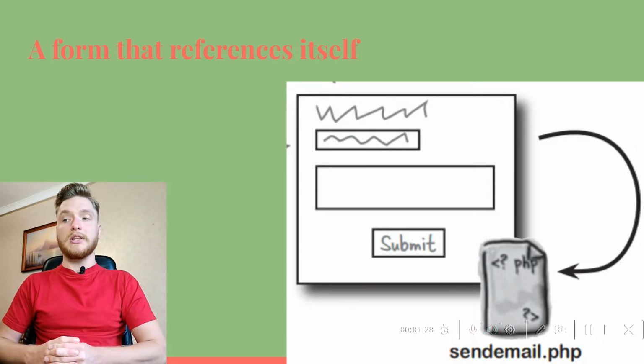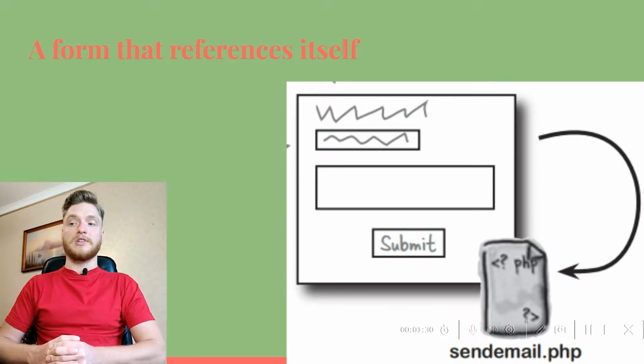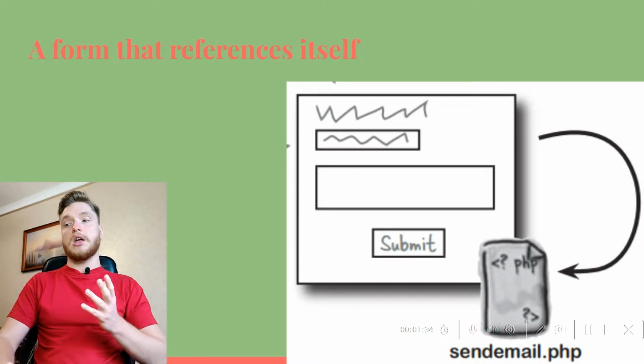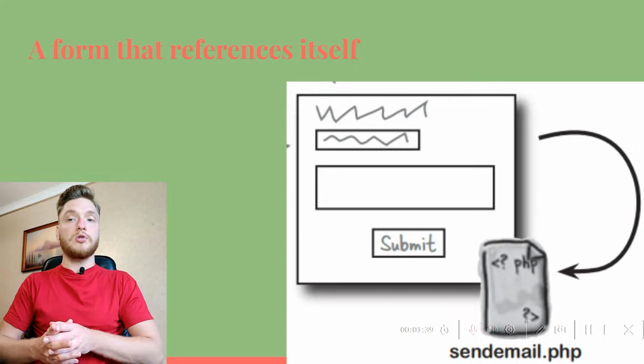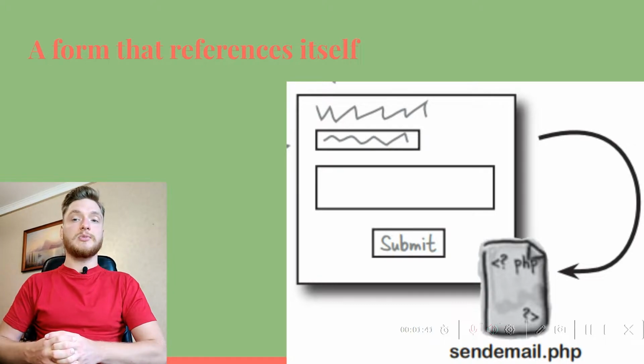An HTML form that is part of the PHP script that processes it is known as self-referencing. We no longer need sendMail.html. Users navigate directly to the PHP script to use the form.